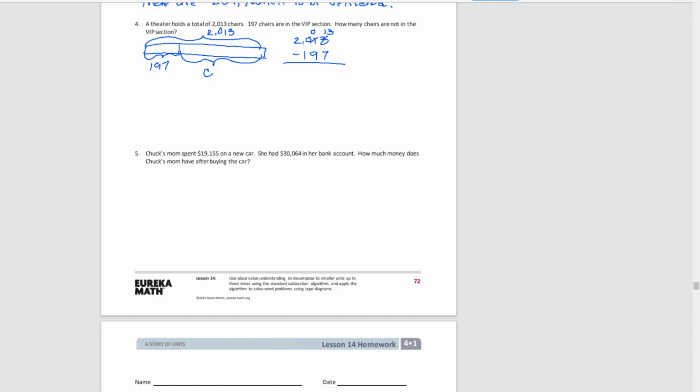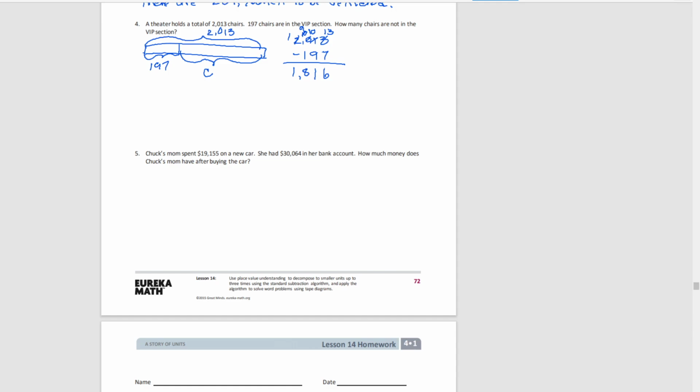There's nothing in the hundreds right now to decompose, so we need to take 1 from the 1,000, and that's going to give us 10 hundreds, and then we'll take 1 of the hundreds and add it to make 10 tens. So we have 13 take away 7 is 6, 10 take away 9 is 1, 9 take away 1 is 8, and we have 1,000.